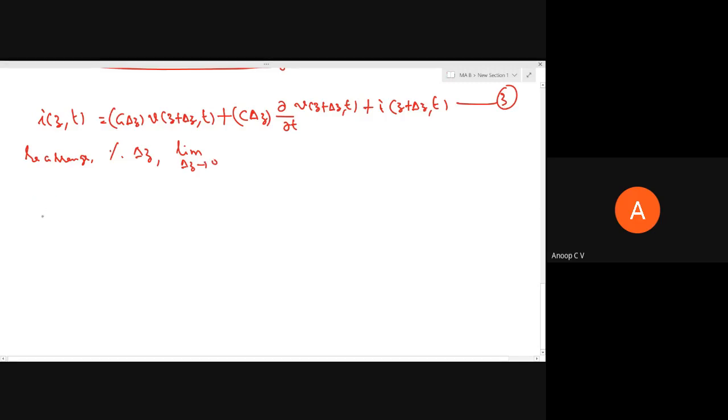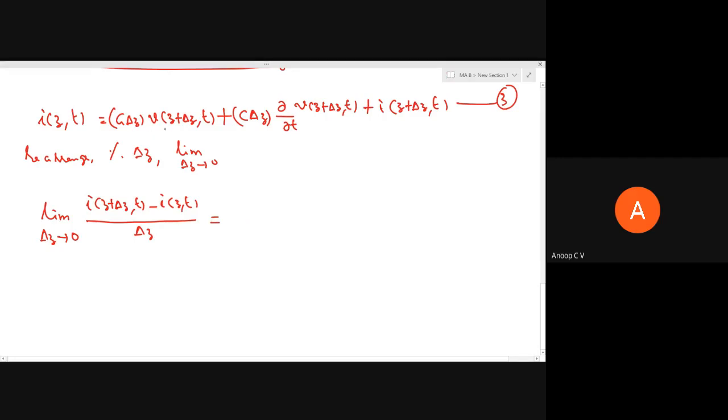So what I'll get is the limit delta Z tends to 0 of I of Z plus delta Z comma T minus I of Z comma T divided by delta Z. This is equal to, now these will become negative.